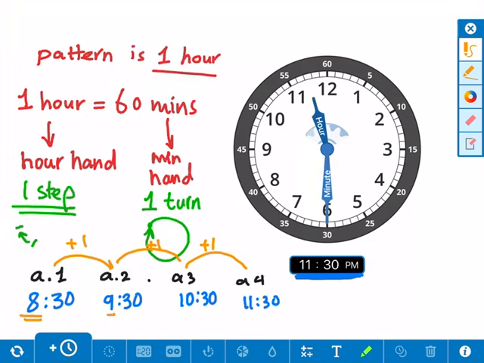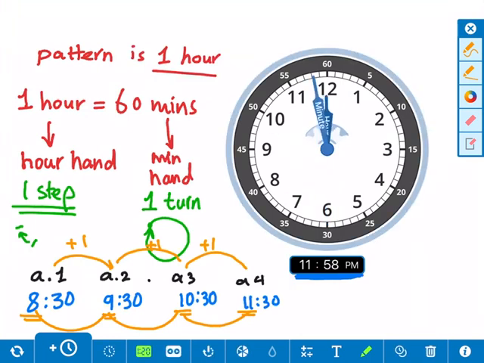So as you can see, only the hours are changing: 8, 9, 10, and 11. Why only the hours are changing? Look carefully. When we move our minute hand and put it again in the same area, always here it will be 30, as you can see, because we are moving one whole turn.